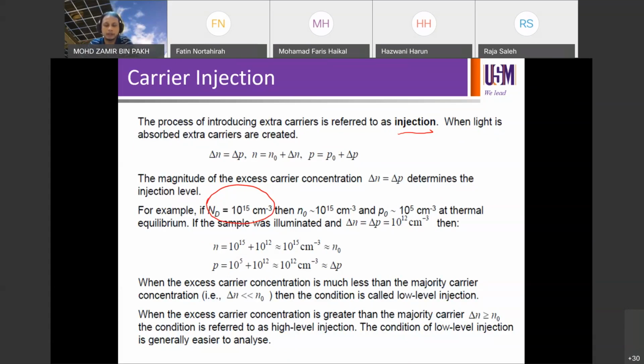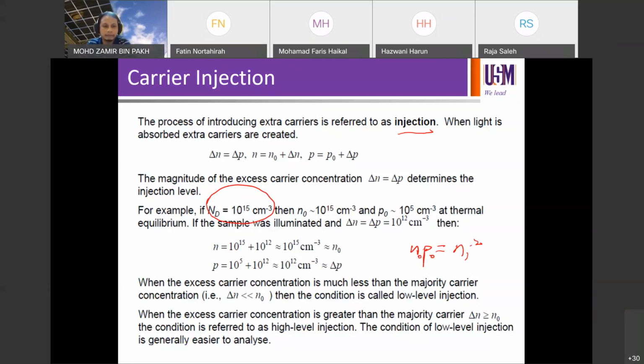Therefore P0, the minority carrier concentration, will be 10 to the 5, because we use the equation N times P equals Ni squared. Since N0 is 10 to the 15, P0 will be 10 to the 5, since Ni is 1 times 10 to the 10 per centimeter cube at thermal equilibrium.